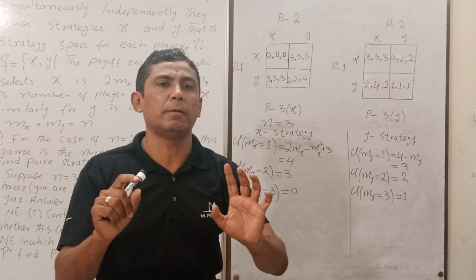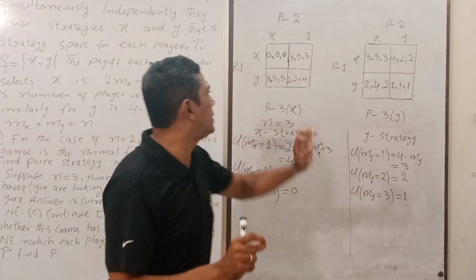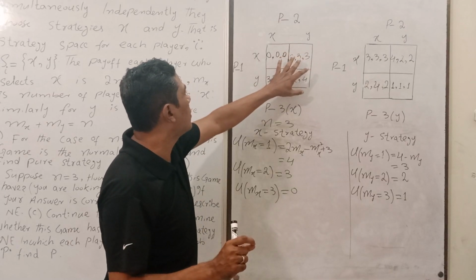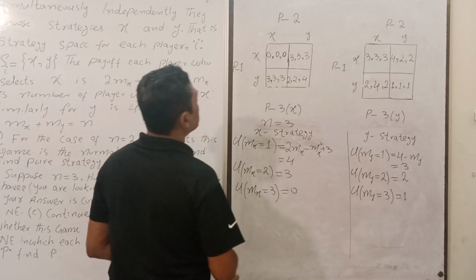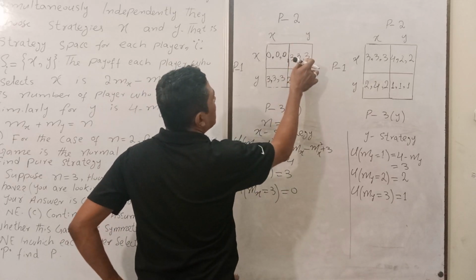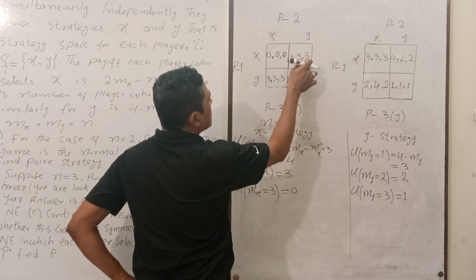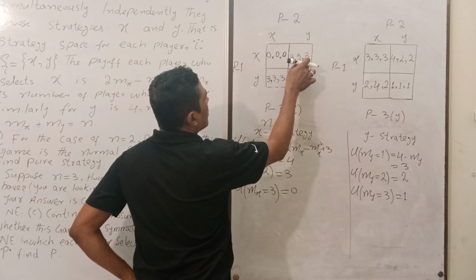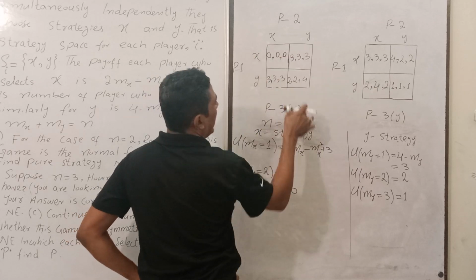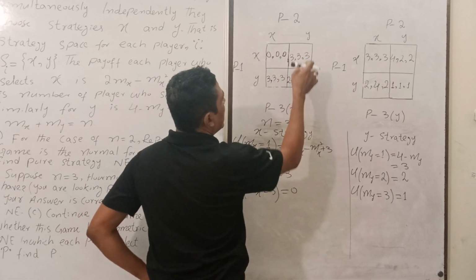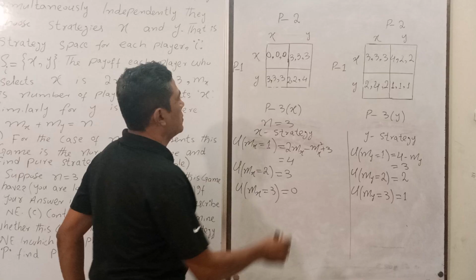you and your friend play strategy Y or X. What does it mean? Player 2 plays strategy Y, and player 1 plays strategy X. So I decide to play strategy X. This one.